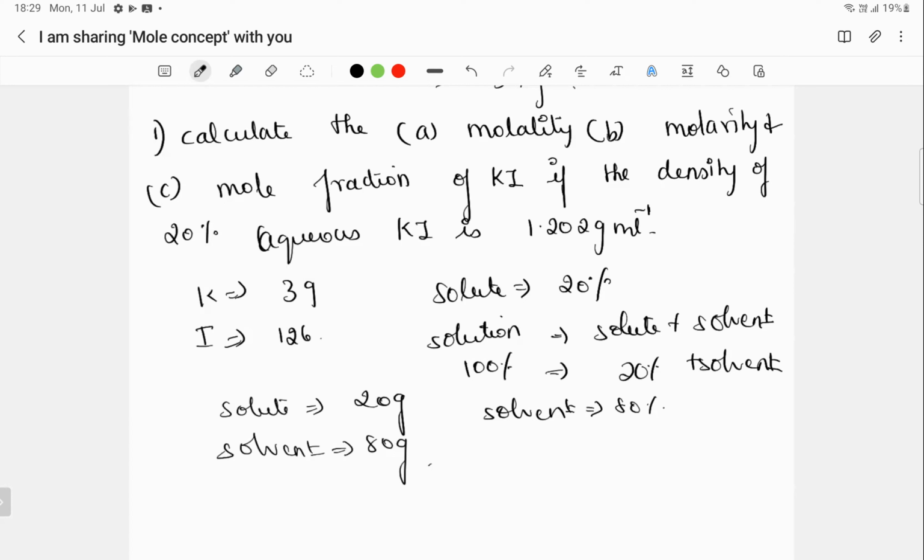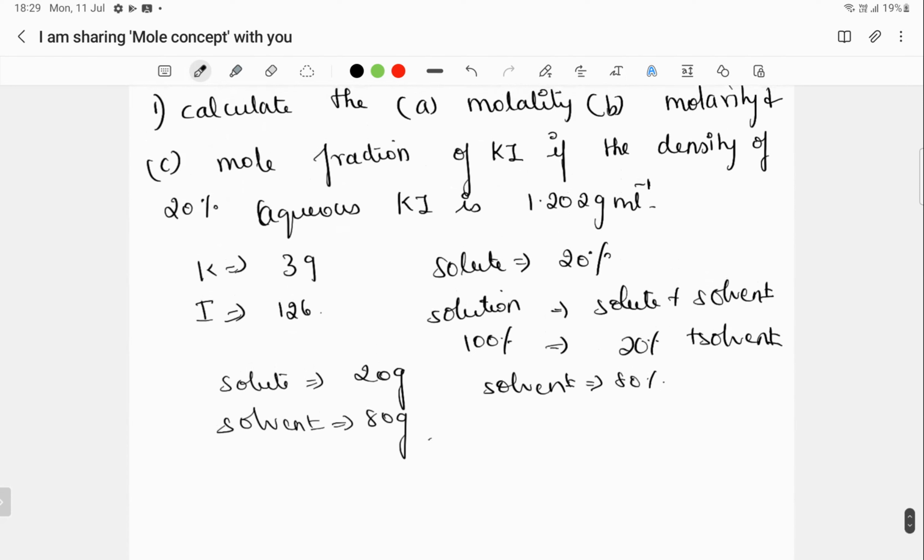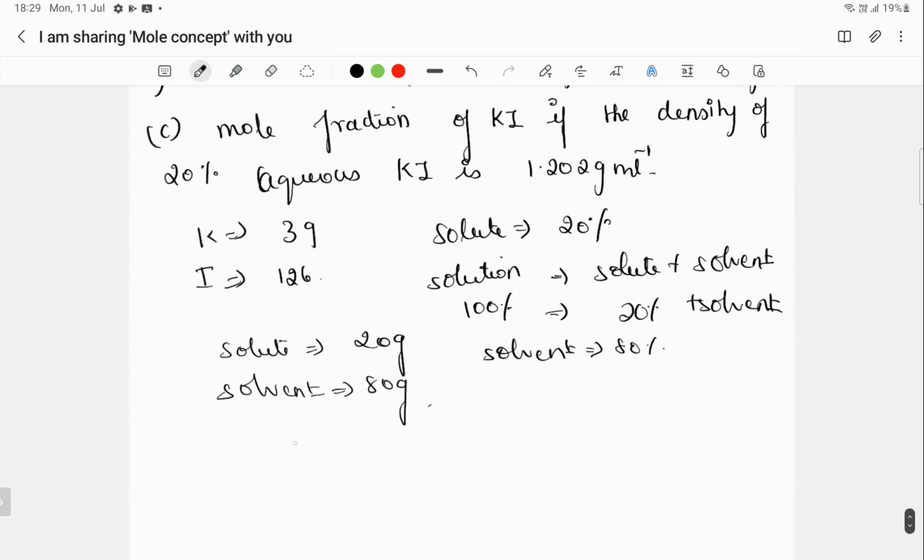What is molality? Guys, are you there? Yes, ma'am. Molality is the number of moles of solute by the mass of solvent in kilograms.